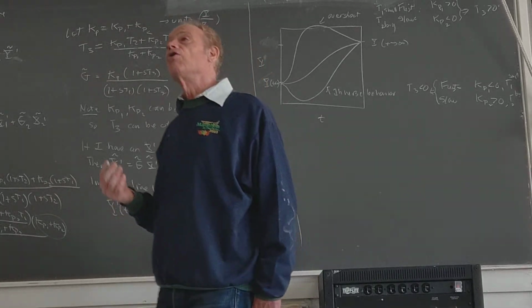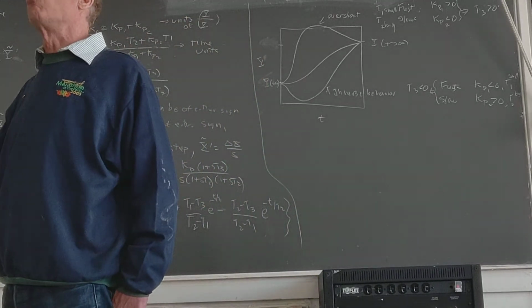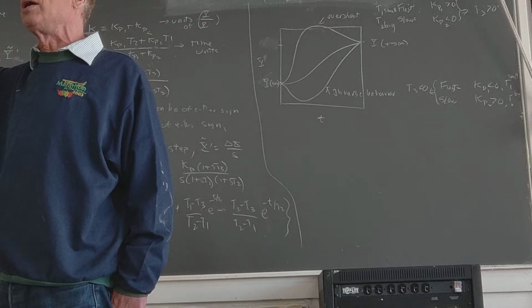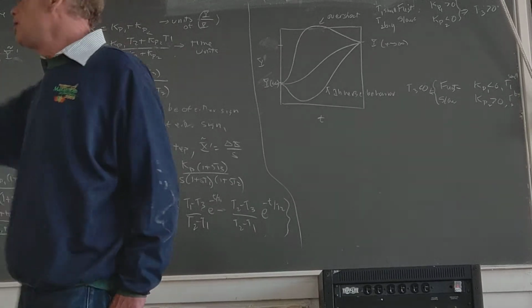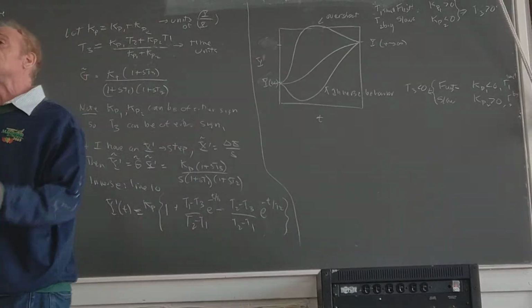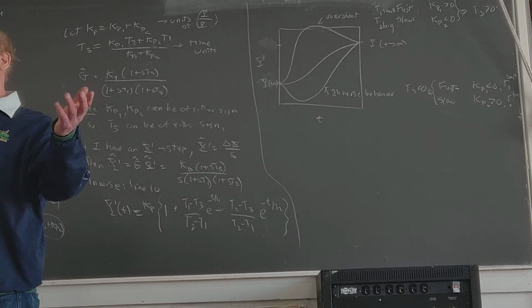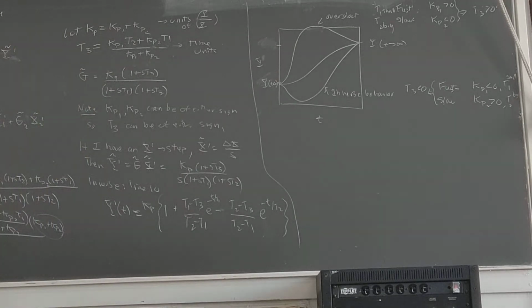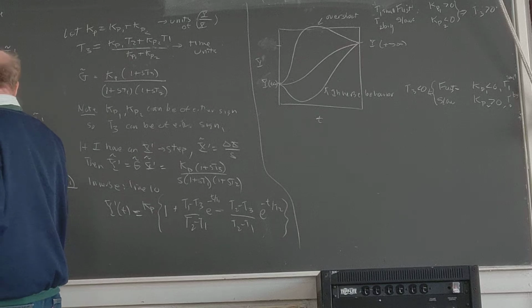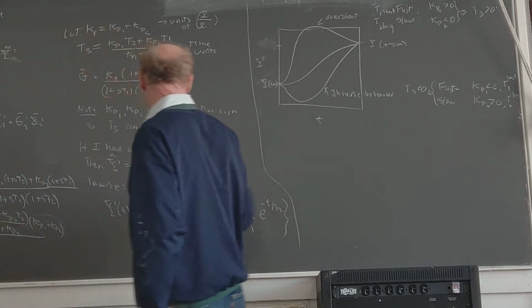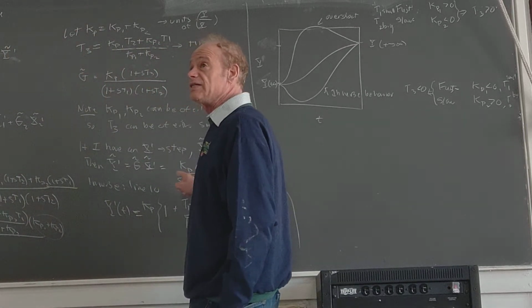If you remember, earlier on we said if we're only interested in t goes to infinity, in the long term, where the stability is a long-term problem, I only need to worry about the denominator of y prime, because that gives me the stability.